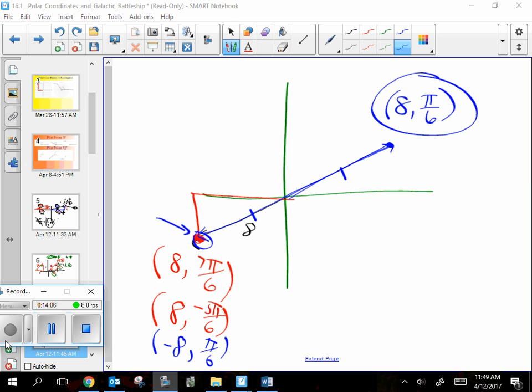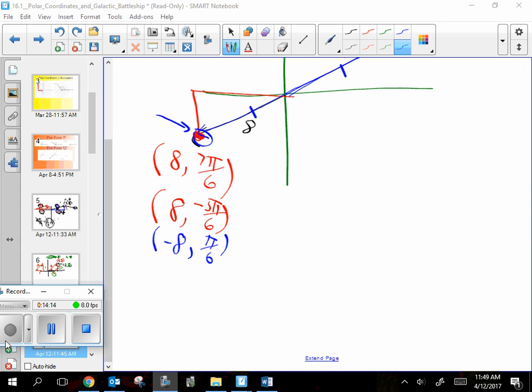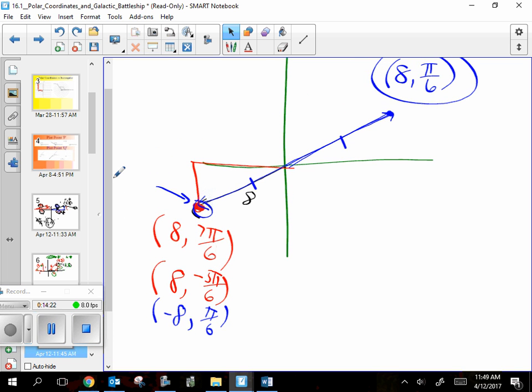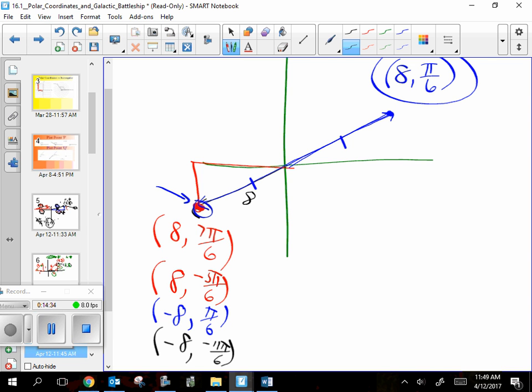All right, then, what's the last way to get there? Ooh, negative 8 is correct. Comma, and what did you say again? Negative 11 pi over 6 is correct.